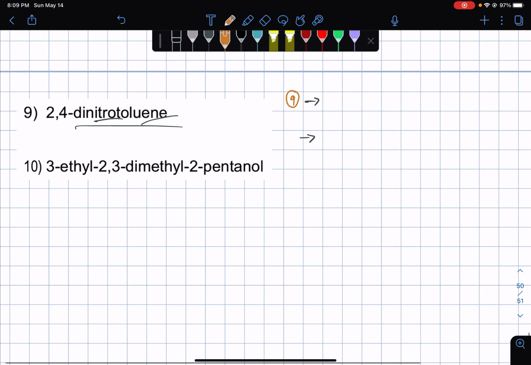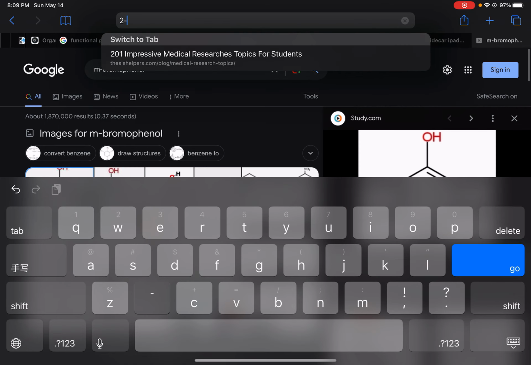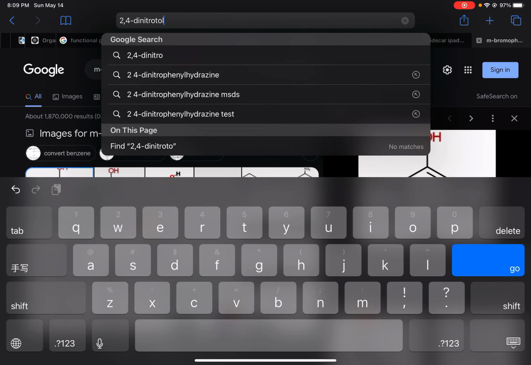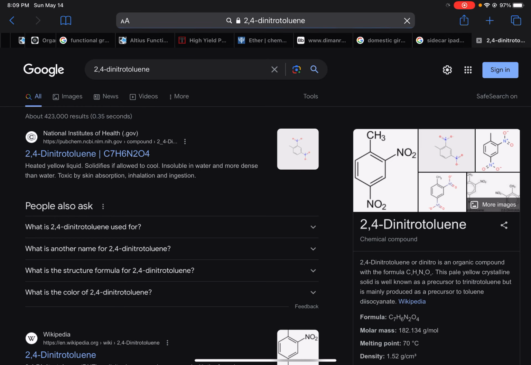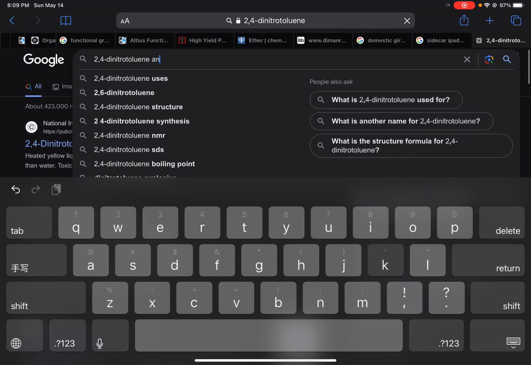We'll do that later. Or yeah, let's do it now. We'll be searching for another word for dinitrotoluene.